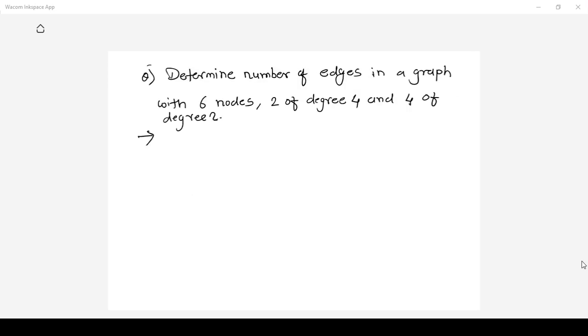Now suppose I am asked to determine the number of edges in a graph with 6 nodes, 2 of degree 4 and 4 of degree 2. So I want to find out the number of edges in this scenario. According to the sum of degree theorem, the sum of degrees of all vertices is always equal to twice the number of edges.